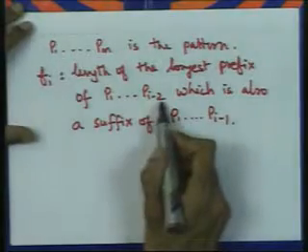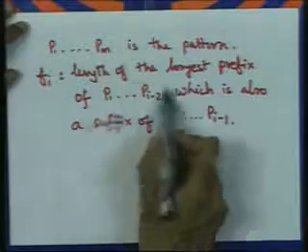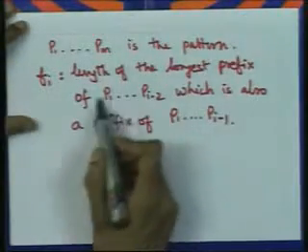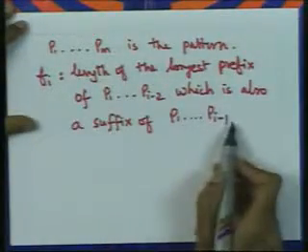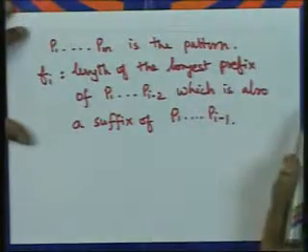This Pi minus 2 is just to make it a proper prefix. So the length of the longest prefix of this, which is also a suffix of this. I could have written Pi minus 1, but then I would have to mention the longest proper prefix, right?